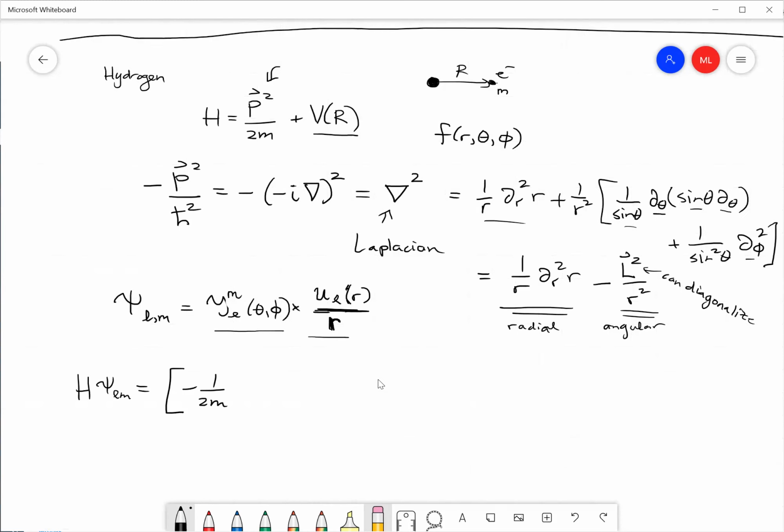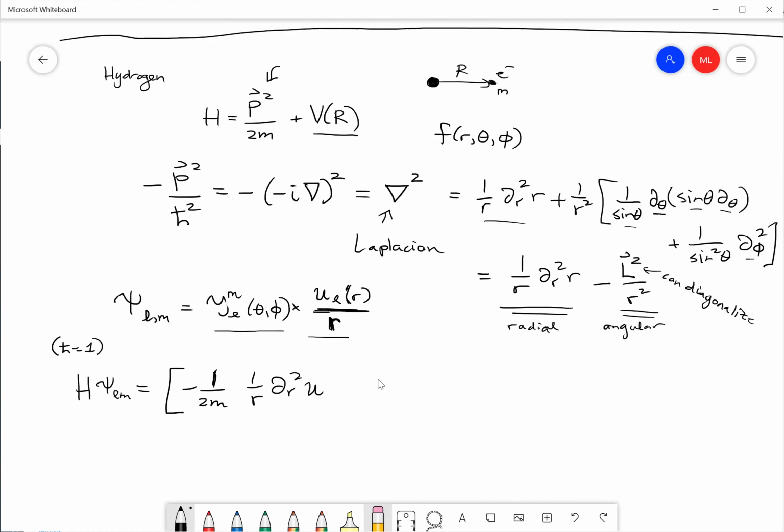For the most part, we're going to set h bar equal to 1, but you could put it in if you want. I don't really like to. You could put an h bar squared here instead of this 1, but I'll just leave it like that. And you have 1 over r, and you have dr squared acting on u.